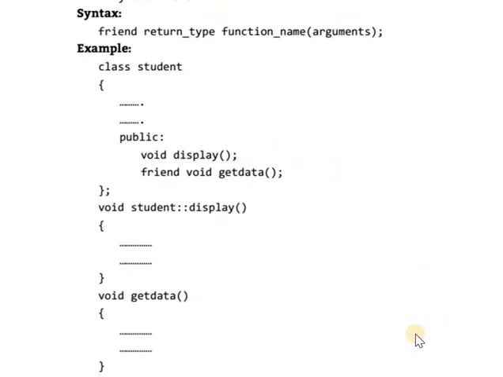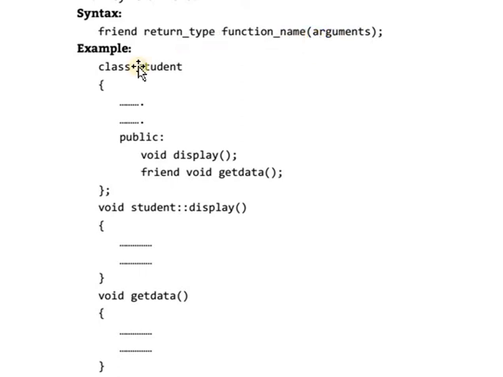The syntax for defining the friend function is as follows: first use the friend keyword. After the friend keyword, use the return type. Give the return type, because every function returns a particular value. So specify the return type. After the return type, use the function name, and if the function has arguments, then pass the arguments to that respective function.